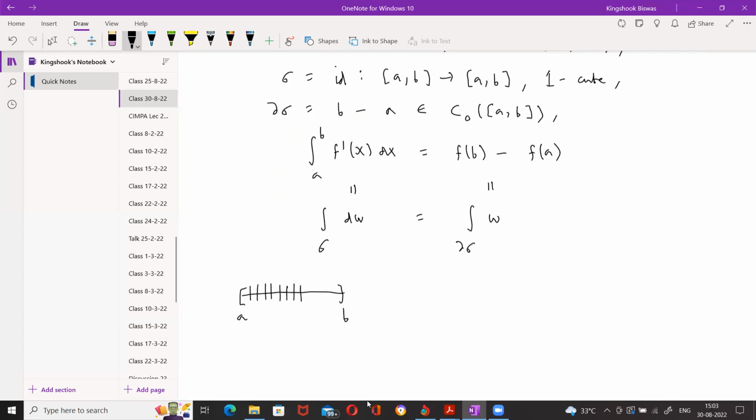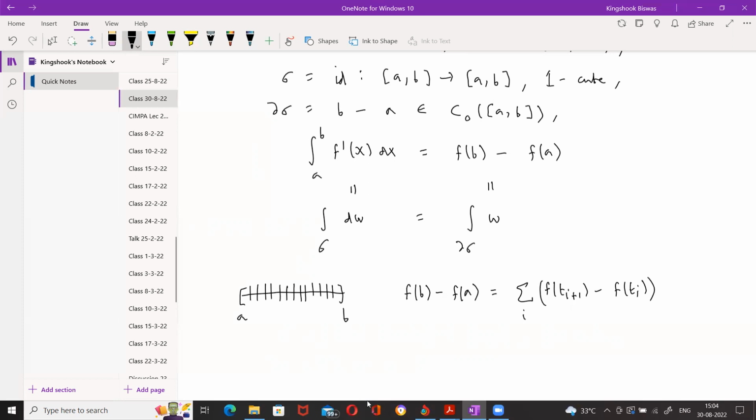You take a fine partition, and you start from the right-hand side. f(B) minus f(A) is equal to a sum over i of f(t_{i+1}) minus f(t_i).